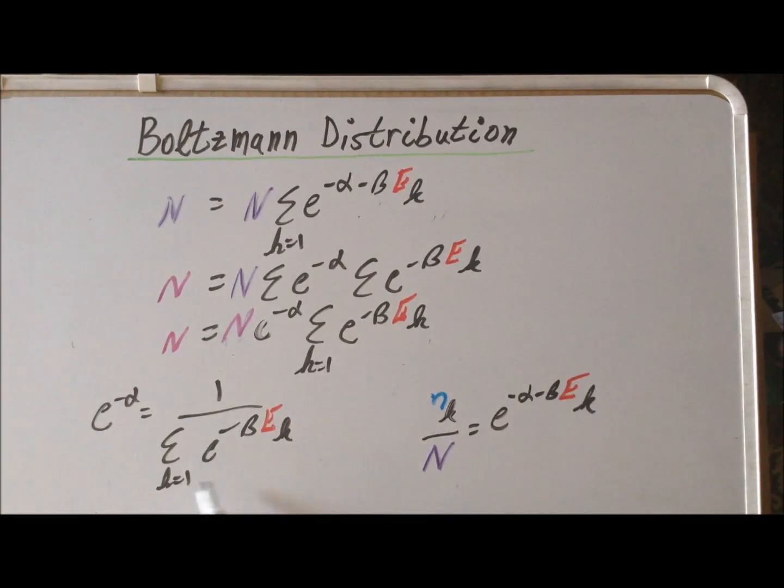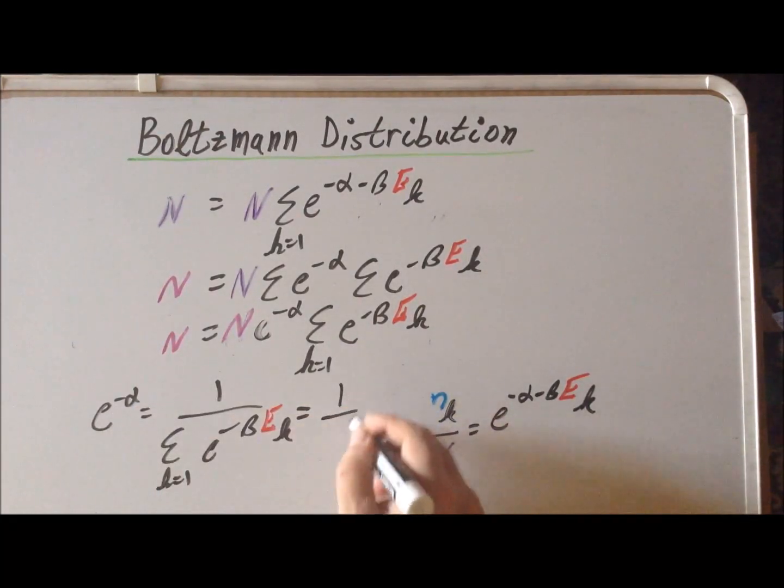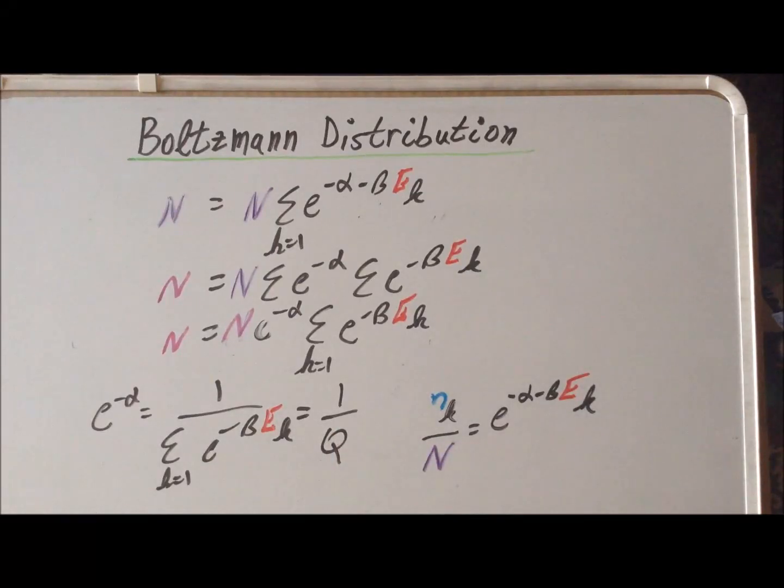This quantity in the denominator, the sum of e to the minus beta times e sub k, we call the canonical ensemble partition function, and we give it the symbol Q. So e to the minus alpha is equal to 1 over our big Q.